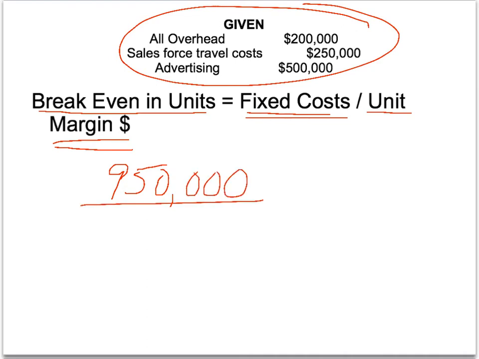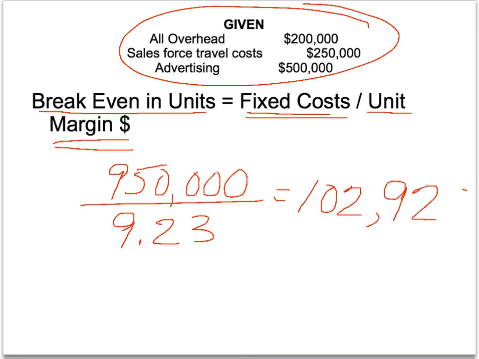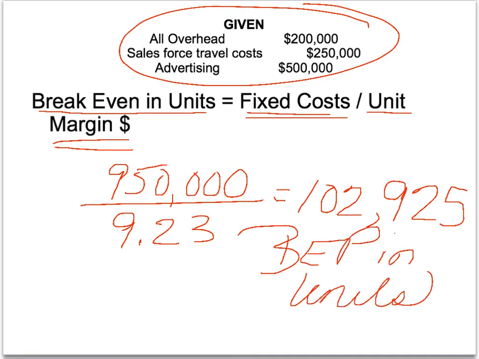We just calculated our unit margin, or contribution margin, at $9.23, for a break even in units of 102,925. Slight mistake there. You would have caught that we can't sell a portion of a unit, so you always round up. My mistake there, it should be 102,926.